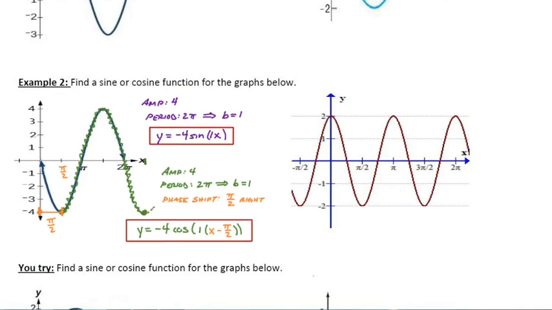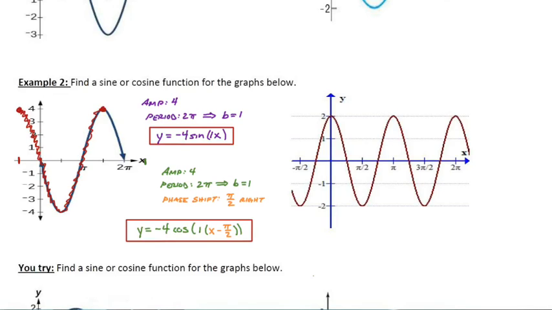Now, I'm not going to write another function for this, but I just want to point out that these aren't the only two answers. I could write another sine function or another cosine function depending on where I am looking at my graph. So just quickly, if I erased this green function that I had, and let's say I wanted to consider a cosine function, but I wanted to write an equation for this part that I have colored here.